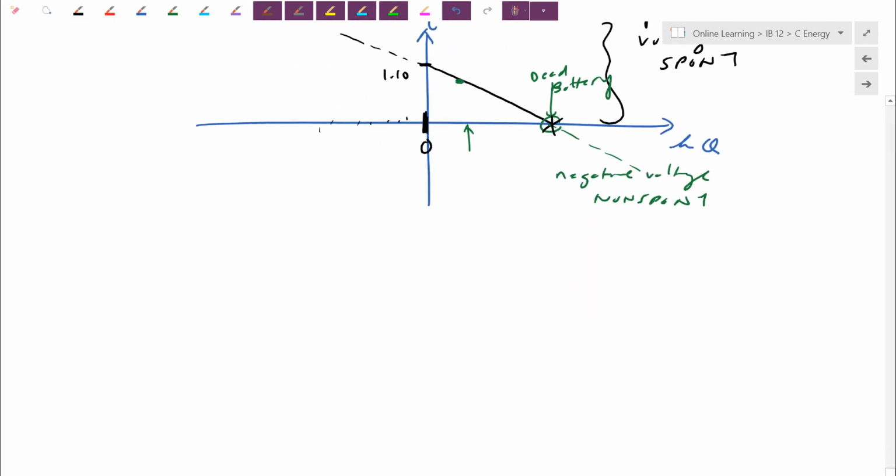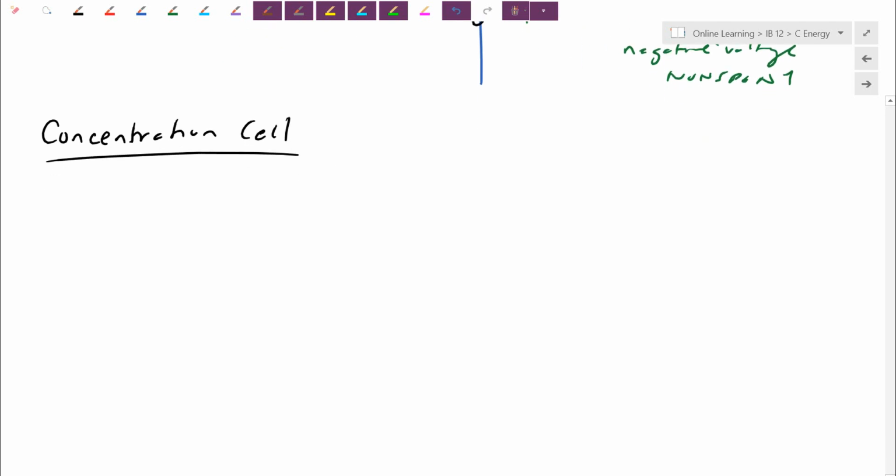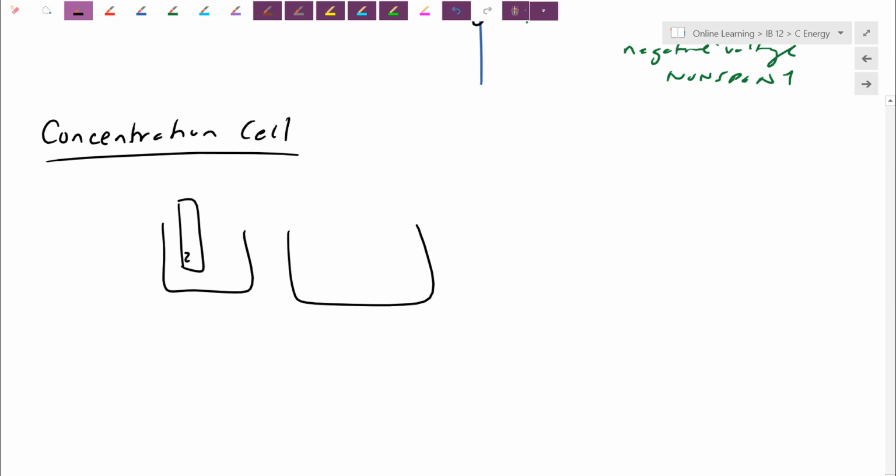We can utilize this in something called a concentration cell. It's just a nice application of it. A concentration cell would be something that looks like this. I'm still going to have a voltaic cell, with anode and cathode. But curiously, for my concentration cell, I'm going to use the same electrode on both sides. So let's say I have a zinc electrode and a zinc electrode.